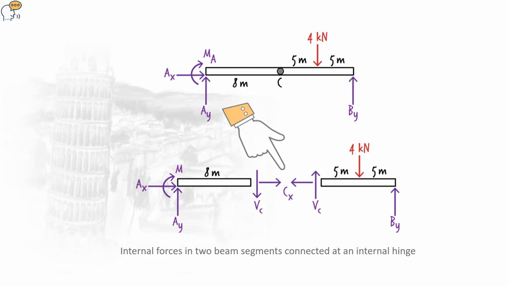Also note that I have placed an internal axial force at point C. Although most beams do not carry such a force, for completeness purposes, we need to show the force on the free body diagram. Similar to the internal shear force, the internal axial force at point C must appear in a pair, acting in opposite directions.